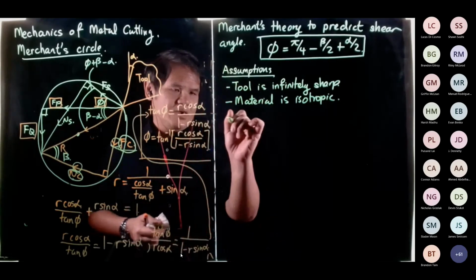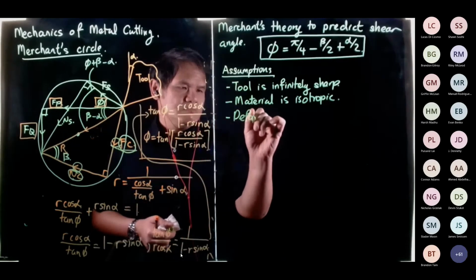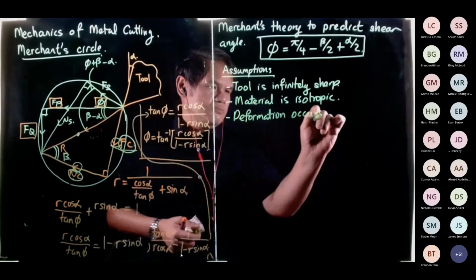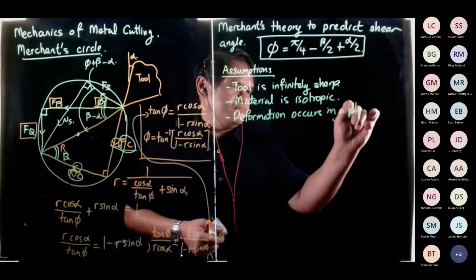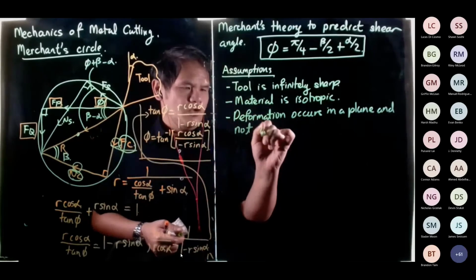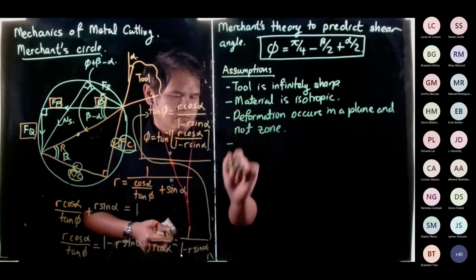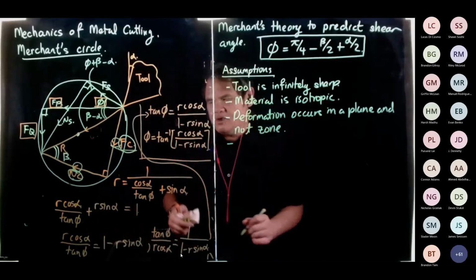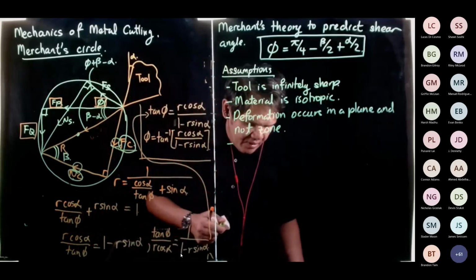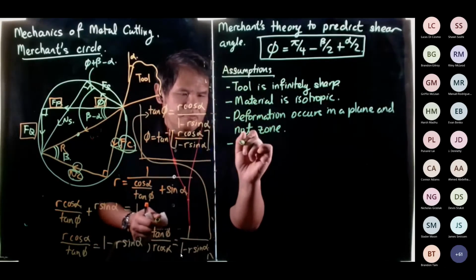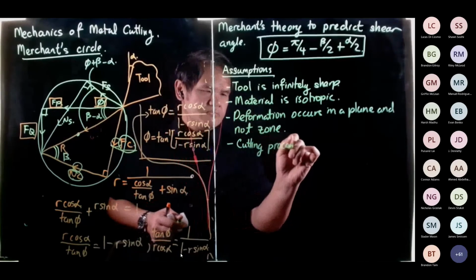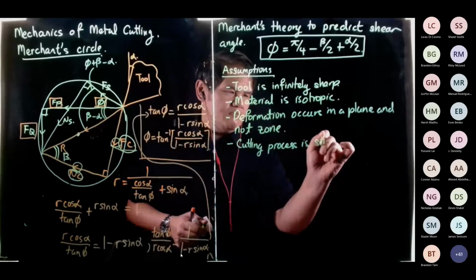Okay. So deformation occurs in a plane and not a zone. Okay. So remember we talked about primary shear zone. You call it primary shear plane. It occurs in a plane. The cutting process is steady state.